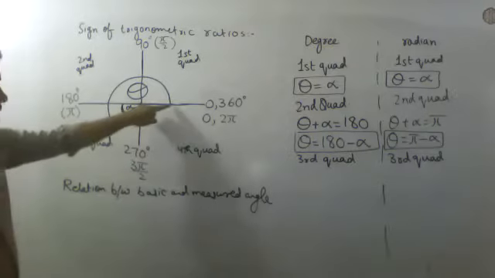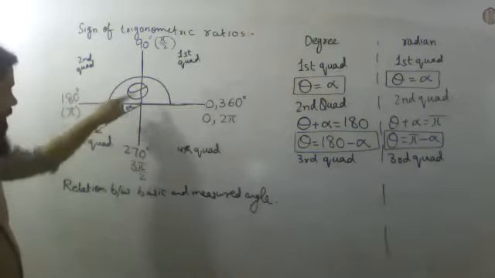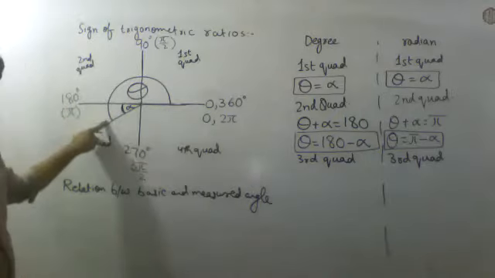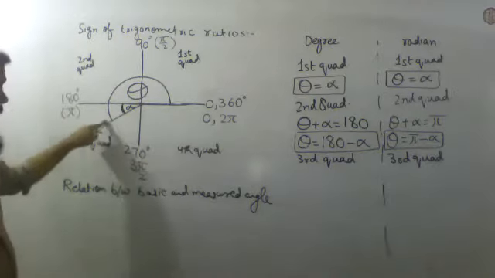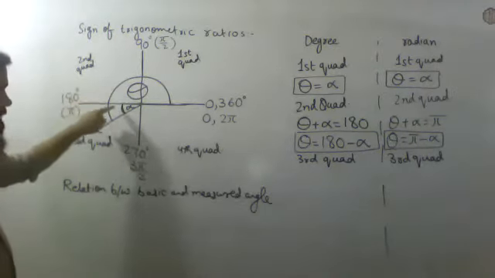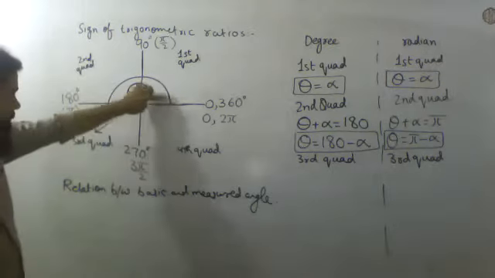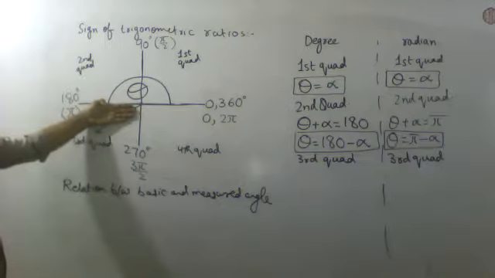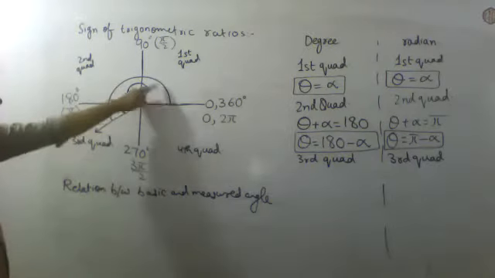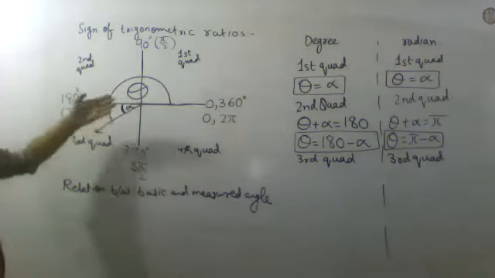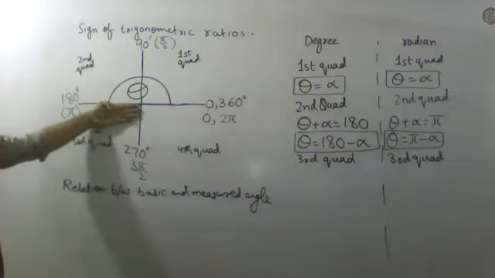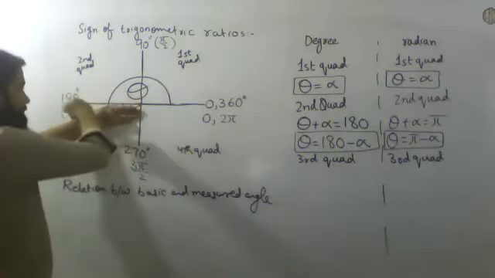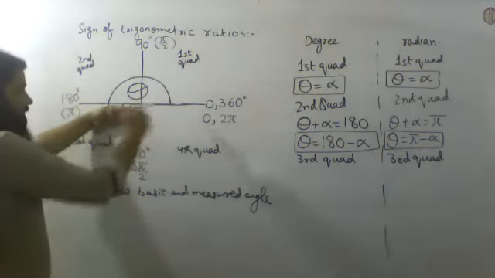See, starting from here till this point, this whole is theta. And from theta, if I subtract alpha, if I remove this alpha, what will be left? This is whole theta. I am removing this alpha from the theta. So what is left over here? It's a straight line which is left over here.